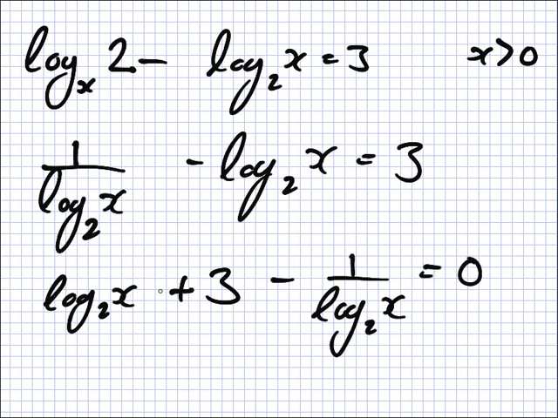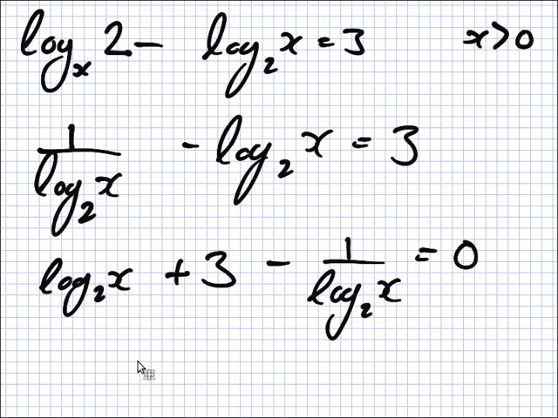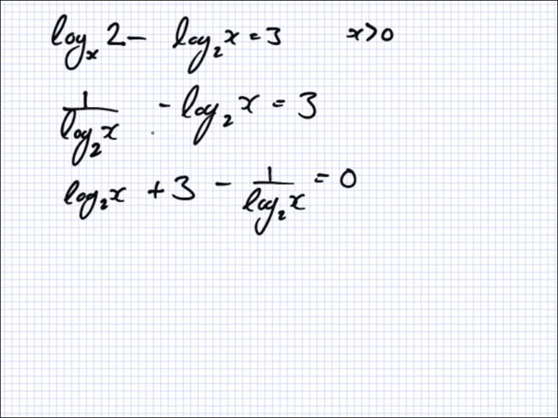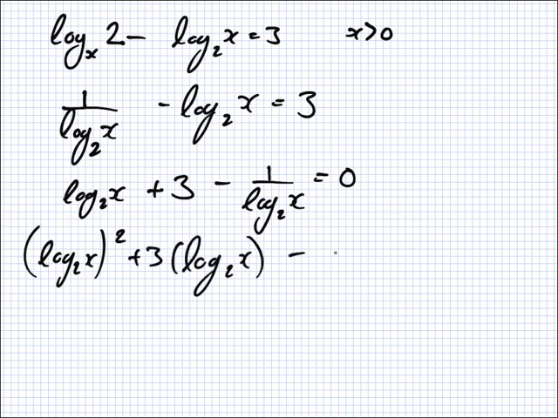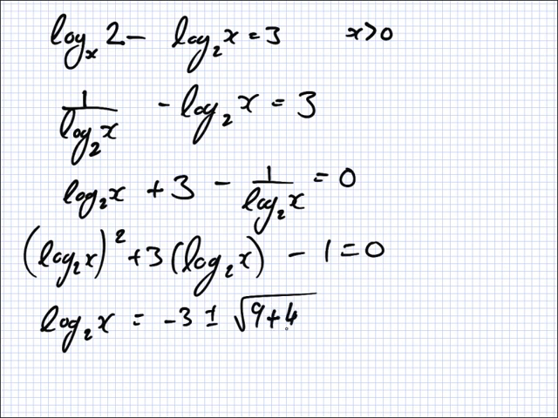What can I do next? Multiply by log 2x, yeah. So this becomes log 2x squared plus 3 log 2x minus 1 equals 0. And what equation do I have here? Quadratic. No factors. I have log 2x equals minus b plus or minus square root b squared minus 4ac all over 2a.